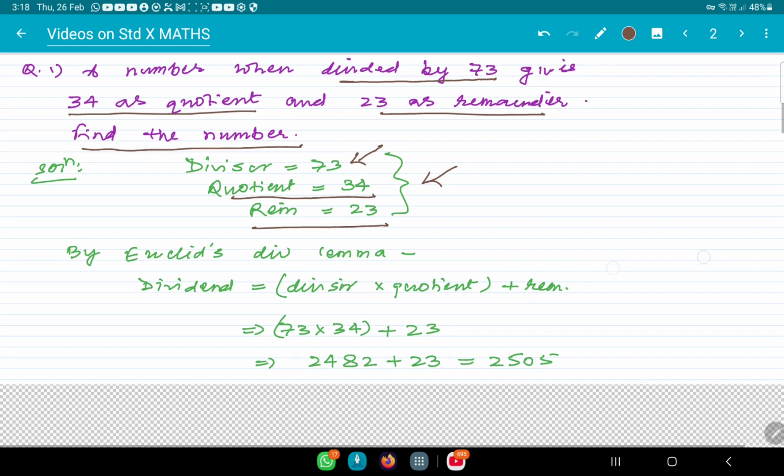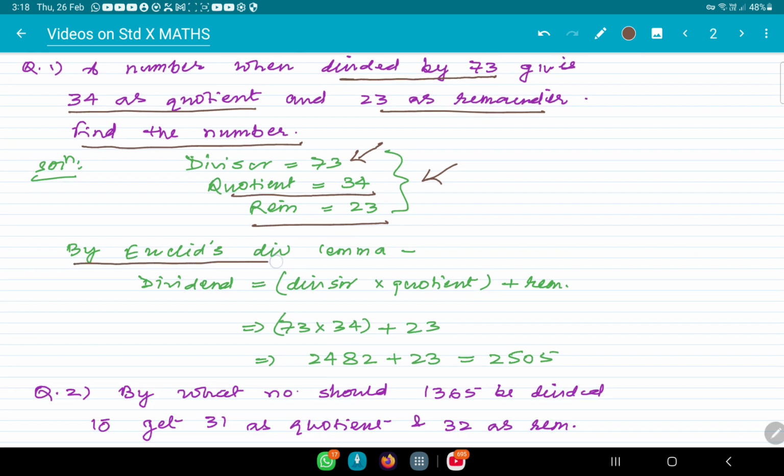First, don't forget to mention Euclid's division lemma. By Euclid's division lemma, dividend is equal to divisor into quotient plus remainder, with divisor into quotient in brackets.